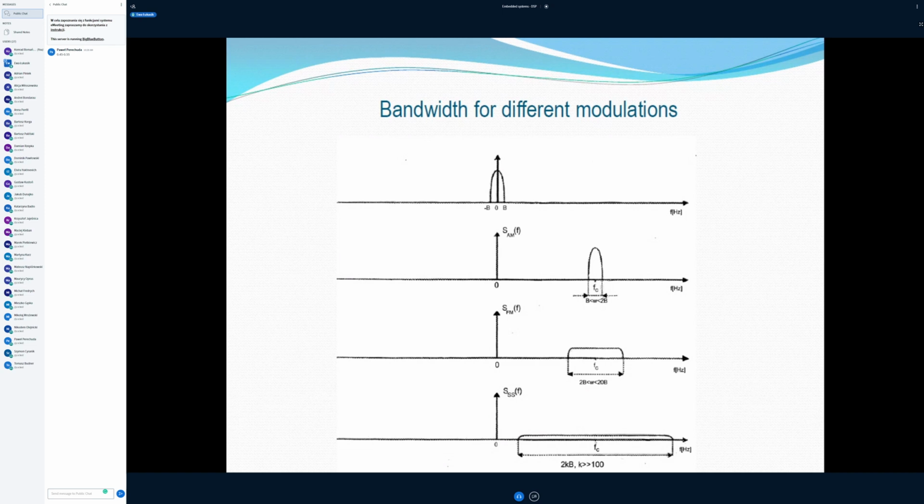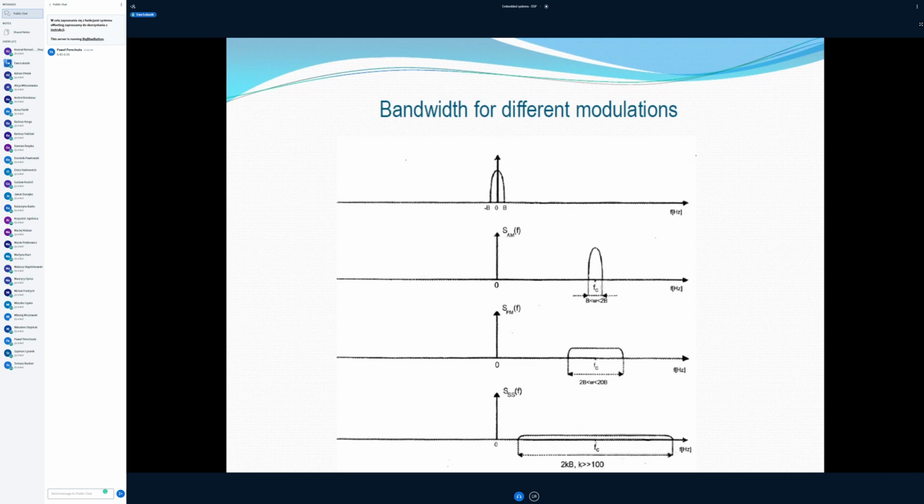Now a small comparison, because we have another method of data modulation, and this is rather funny, because up to now we tried to make our spectrum as narrow as possible in order not to use too much bandwidth, which is very, very valuable nowadays.